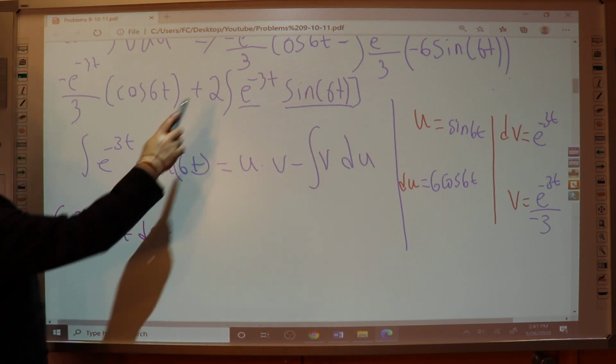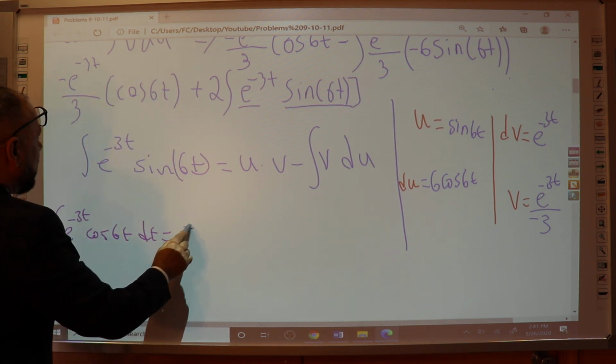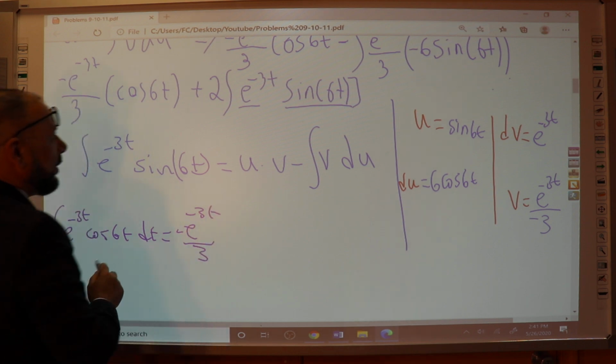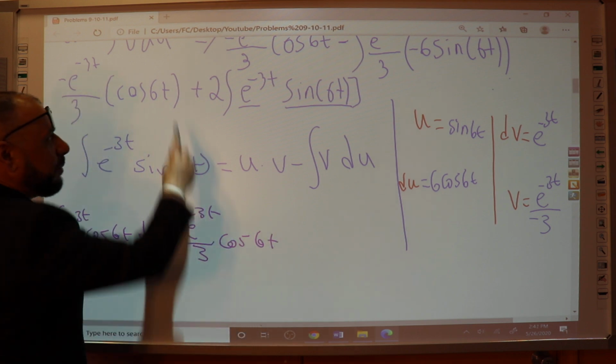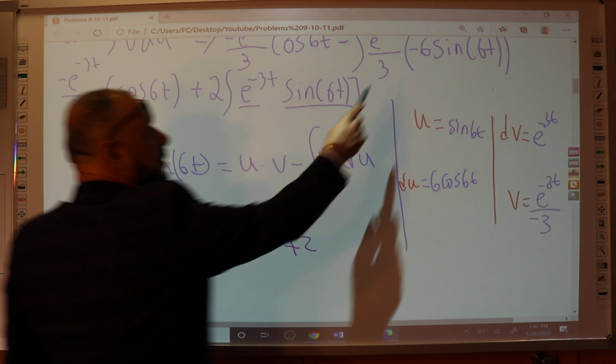Equal. We start with this guy here. Now we have this one: e to the negative 3t over 3 cosine 6t, plus what? 2, right? Plus 2.